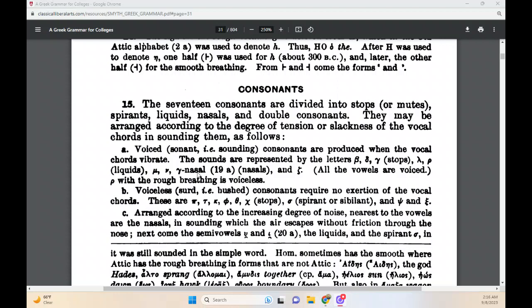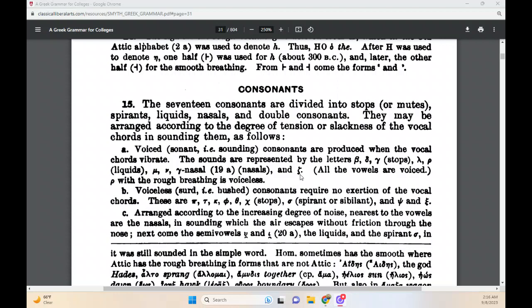It's pronounced angelos, because that first gamma basically becomes a nu, and it's called gamma nasal. So we'll look at that a little bit later. These three consonants, mu, nu, and gamma, when it's pronounced as a nasal, are called nasals. So they're voiced nasals.